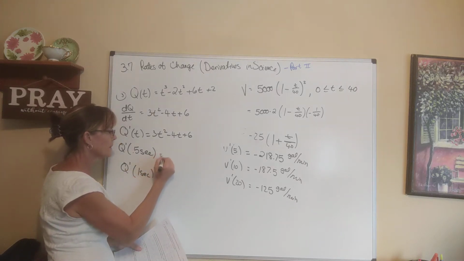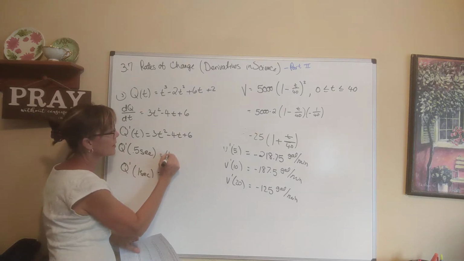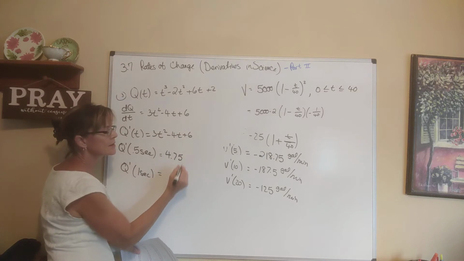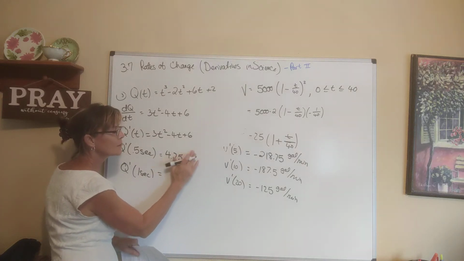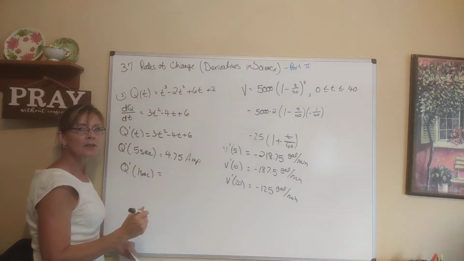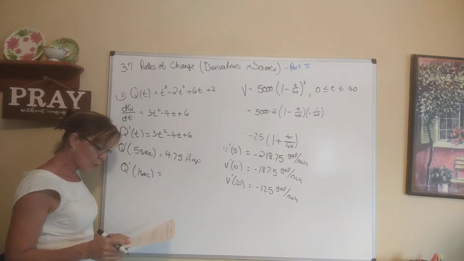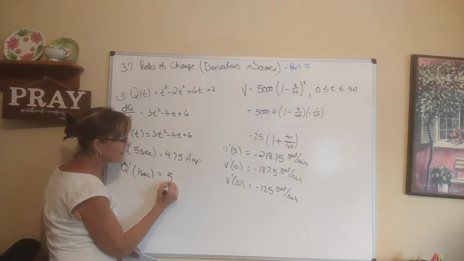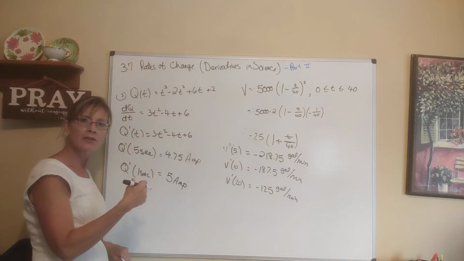If we plug this in, you're going to find that it's 4.75 coulombs per second, which is also known as amps, probably something you've heard of before as far as electrical current flow. After 1 second, we calculate this and we get 5 amps. So here are some applications of the derivative.